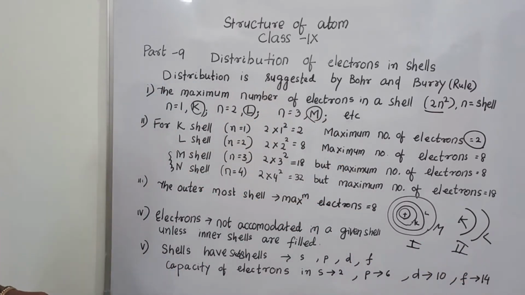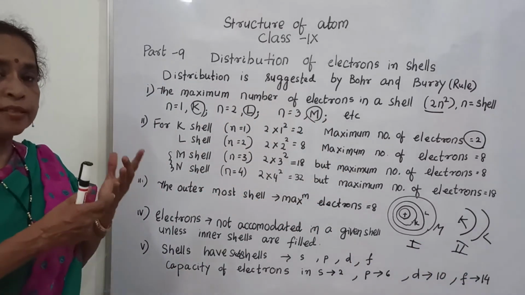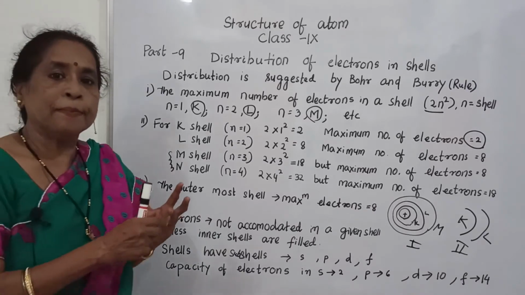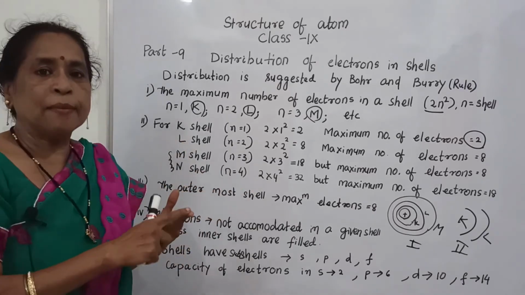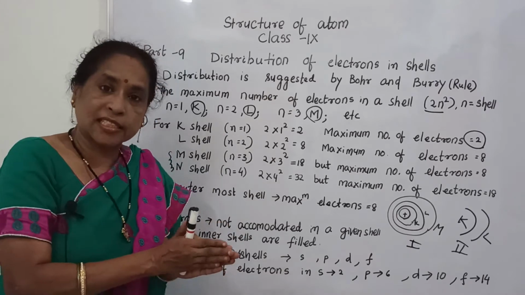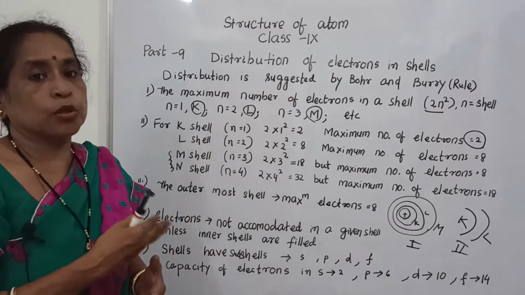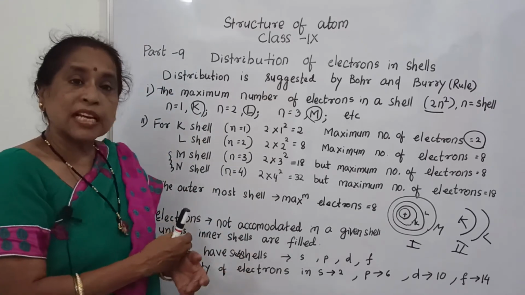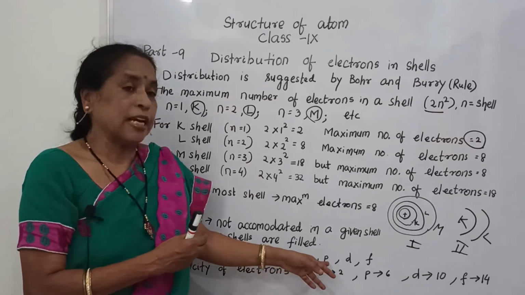Now cells have subcells. Cells means K, L, M, N, and these cells also have subcells. What are the subcells? Small s, p, d, f.